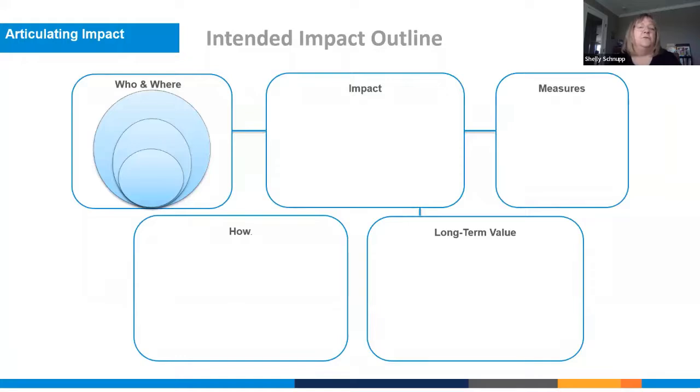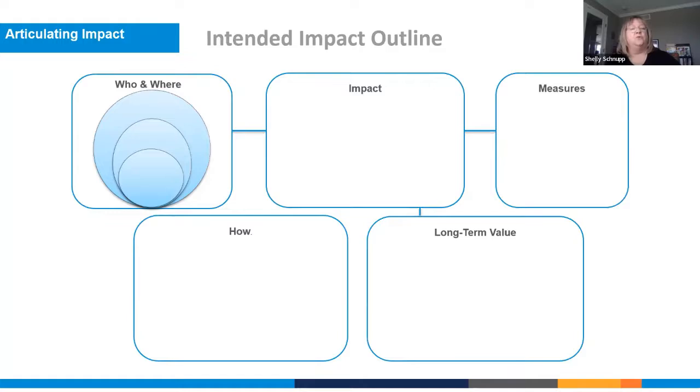A final tool that I want to share is the intended impact outline. We looked at it earlier. It's often a good way of getting started with thinking about the organization's intended impact, which of course is the most important part of the impact strategy document.